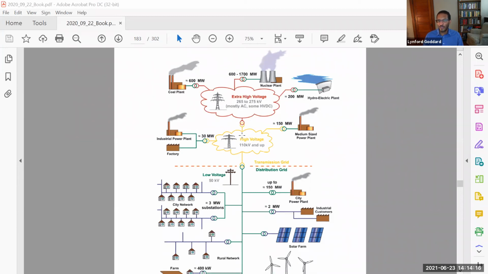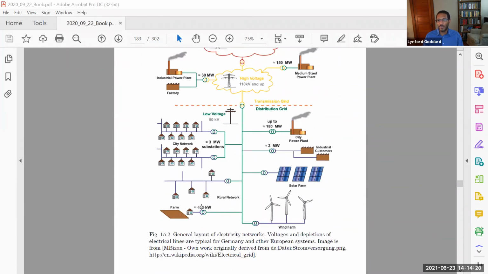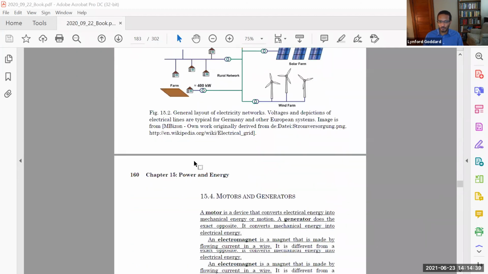And then this is transmitted to local systems where the voltages are stepped down. So like to get to your house, you're going to step this down to 110 volts. And you may have other sources such as wind farms, solar farms, city power plants, and so forth. These are also providing energy into the system and providing power to power up society.